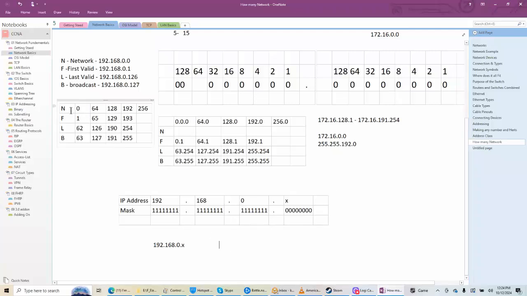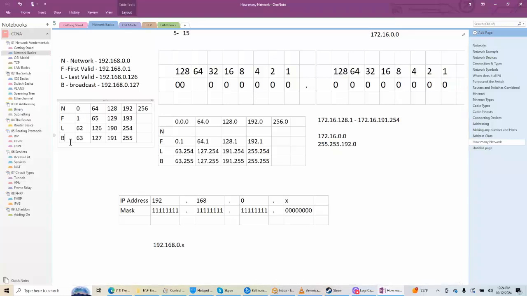That will be our network number, our first valid IP address, our last valid IP address, and our broadcast address. Now, broadcast address is a way of communicating to all hosts, meaning whatever my broadcast address is, when I ping that particular address, everyone's going to respond. It's going to go out to everybody.